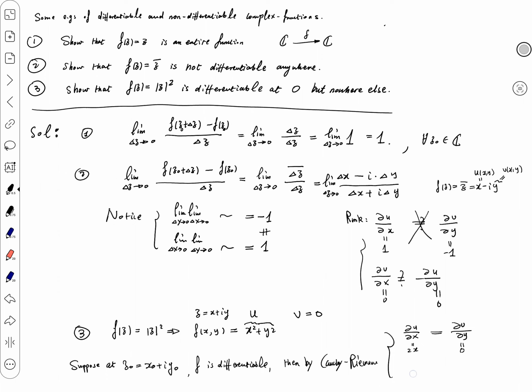Secondly, partial v partial x equals minus partial u partial y, so partial v partial x is again 0, partial u partial y is 2y, minus 2y. This implies x equals 0, y equals 0, so it is only differentiable at the origin.